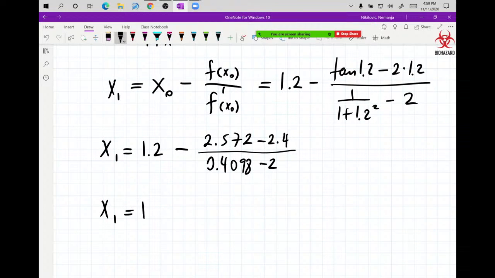It's just a lot of decimals and a lot of calculations that the computer should be doing. So this is 0.172 divided by negative 1.59002.